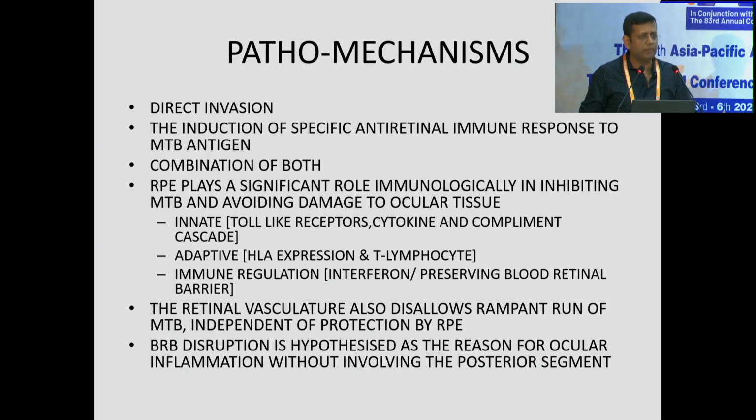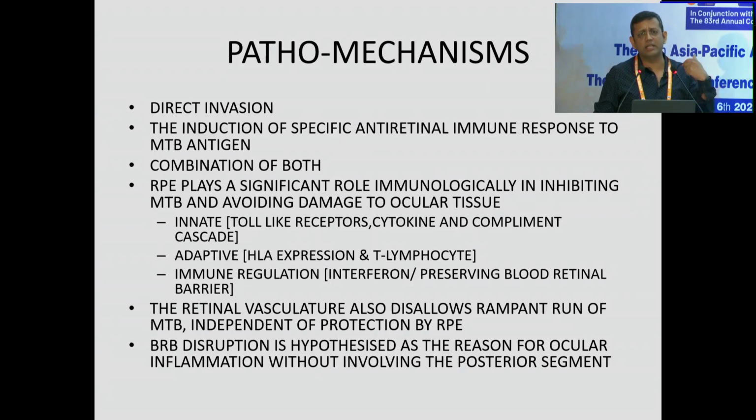Pathomechanisms, there are many, but what is proven is that probably the tuberculosis either involves because of direct invasion, or it is the induction of specific antiretinal immune response to the Mycobacterium tuberculosis antigen, or a combination of both. Here I would like to stress upon the role of retinal pigment epithelium in somehow controlling the spread of Mycobacterium tuberculosis in the eye.